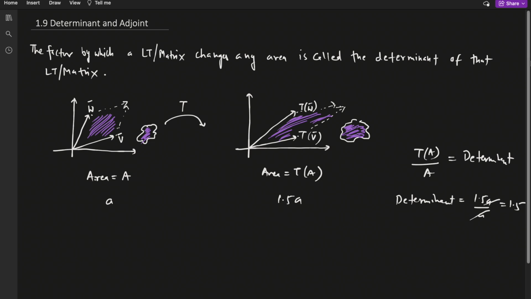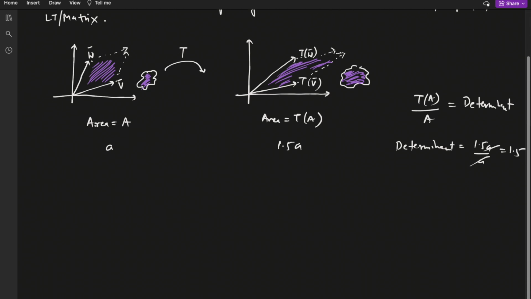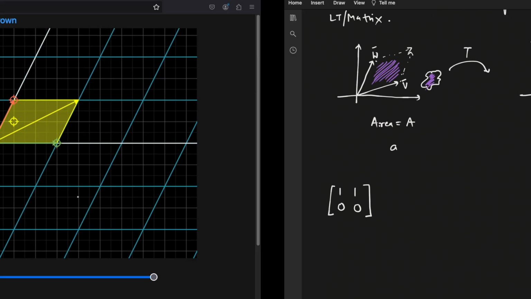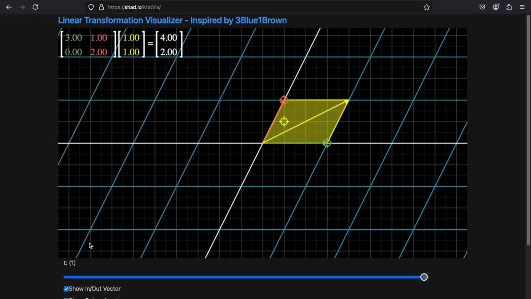Okay, now we will see an interesting linear transformation or matrix. Let us suppose in the previous lecture we have seen this matrix, right? [1 1; 0 0].